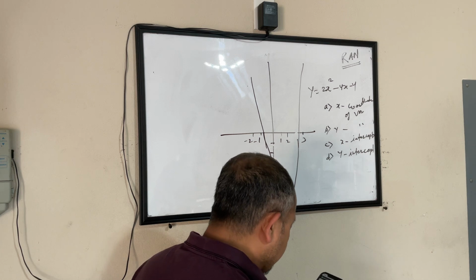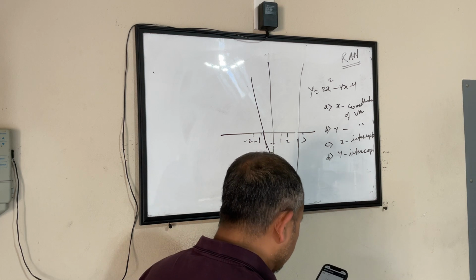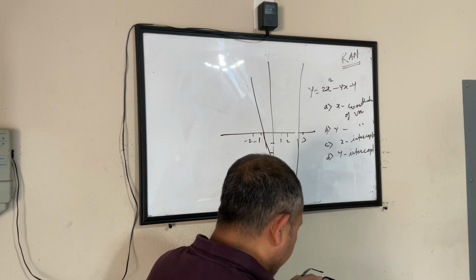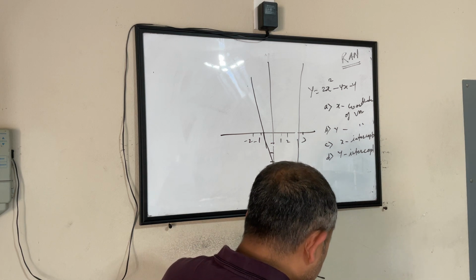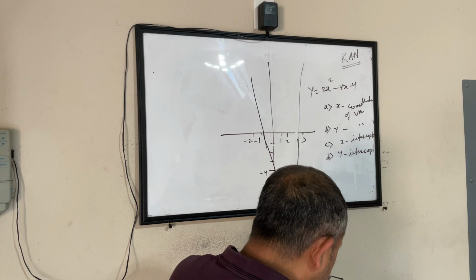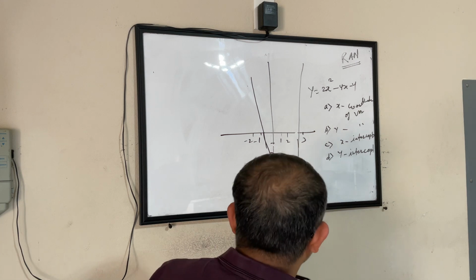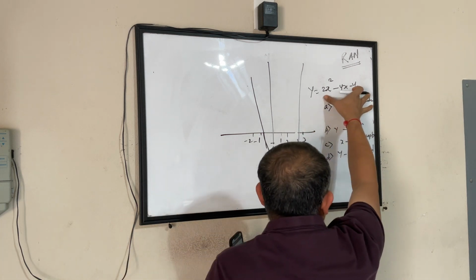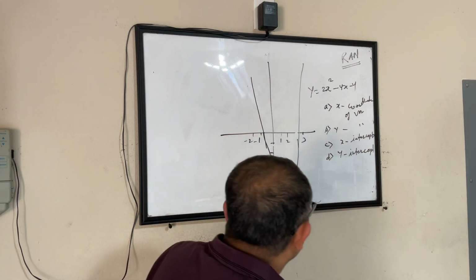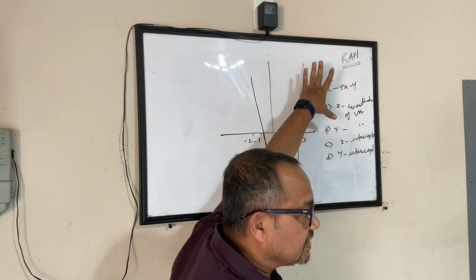Which of the following characteristics of the graph is displayed as constant or coefficient in the equation as written? So this is your equation, and from whatever you see here, which characteristic is displayed as a coefficient or constant in the equation.